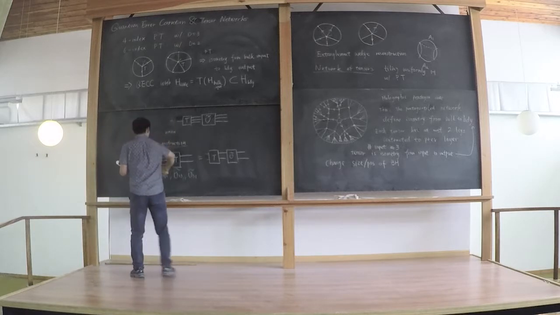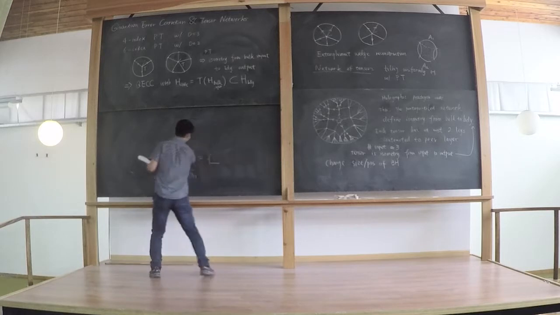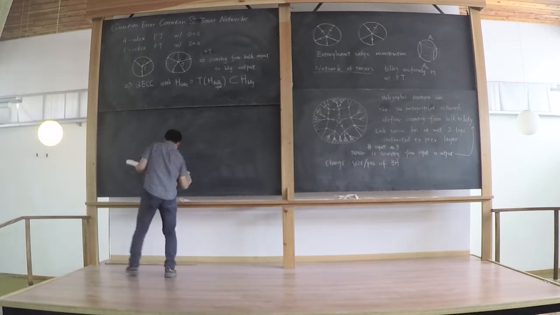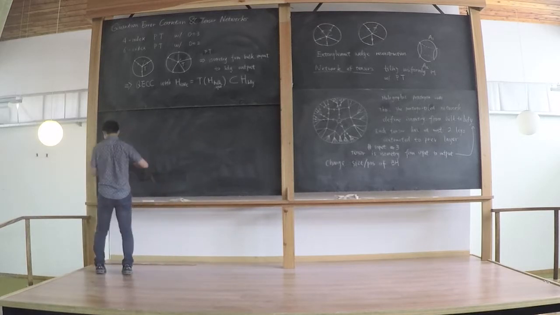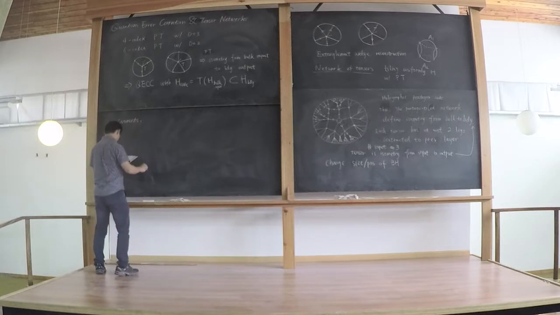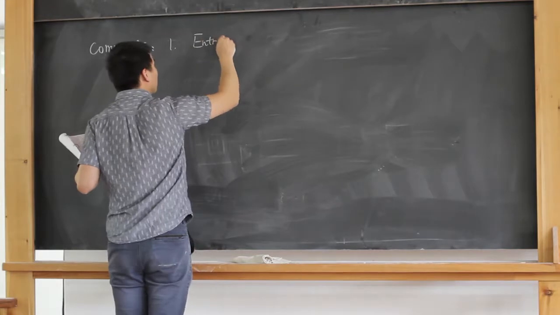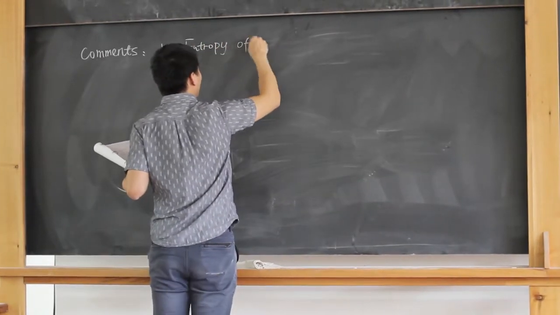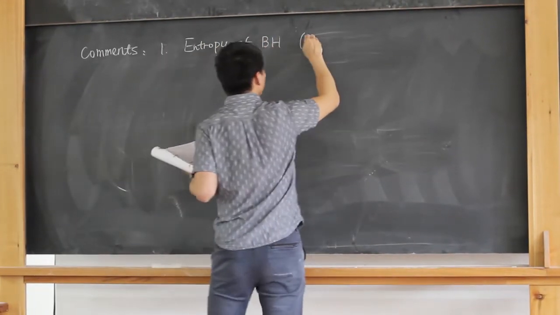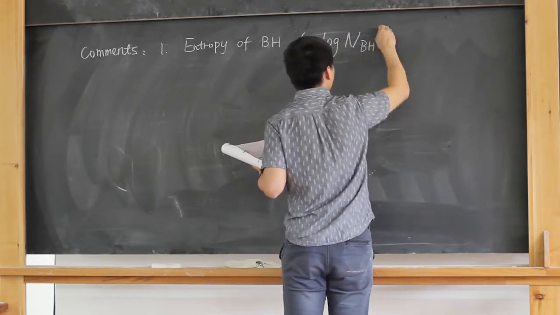So several comments about this. The first is that now we have the tool to discuss how the entropy of the black hole scales with the size. So the first comment is the entropy of the black hole, which is equal to log of the number of the states that we're discussing.